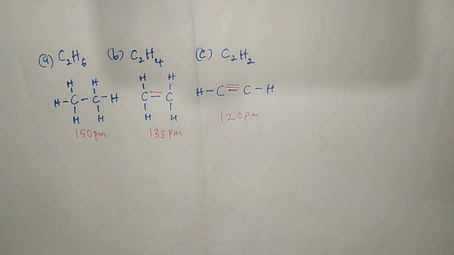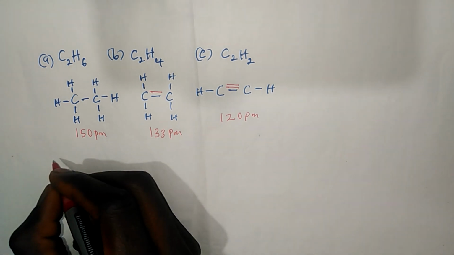And please note that a triple bond is highly unsaturated. A double bond is unsaturated, and a single bond is saturated. Is that clear?